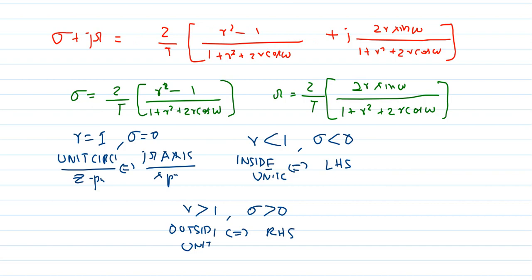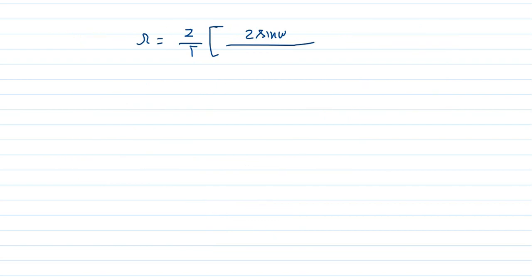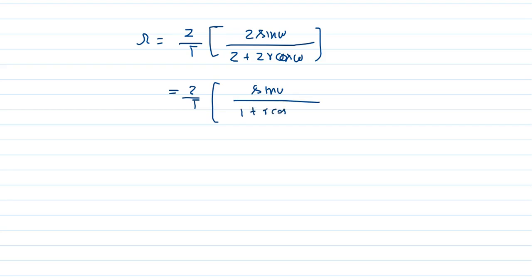So here 1 plus 1 is 2, we can take 2 common out, so it becomes 2 by T, sine omega by 1 plus r cos omega.